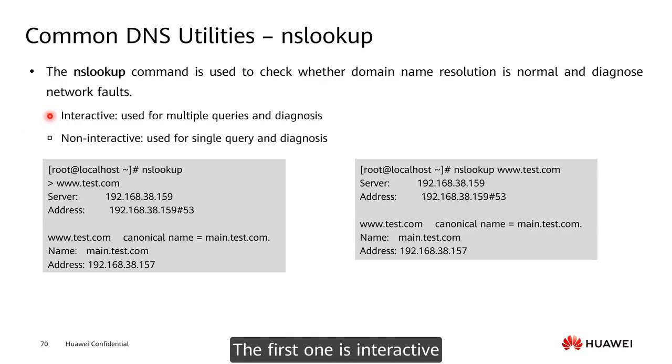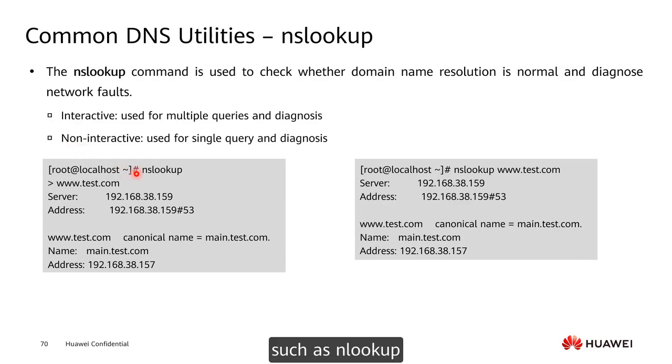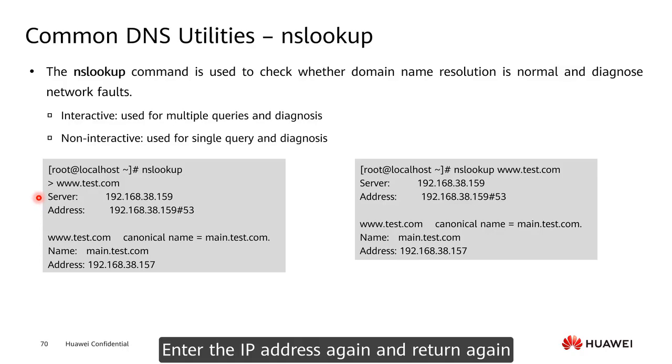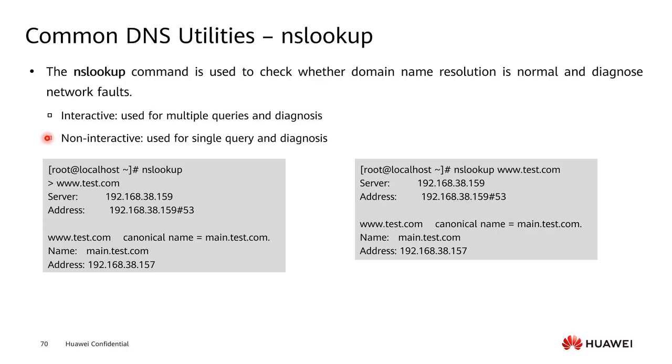The first is interactive, which is used for multiple queries and diagnosis: input 3w.test.com to return the parsed IP address. Enter the address again and it returns again.